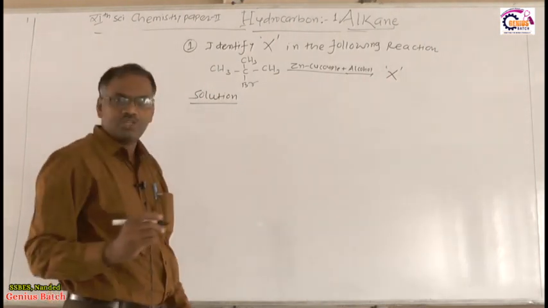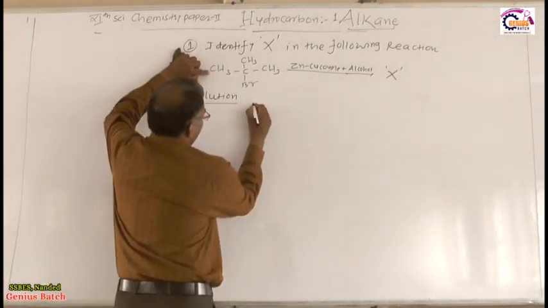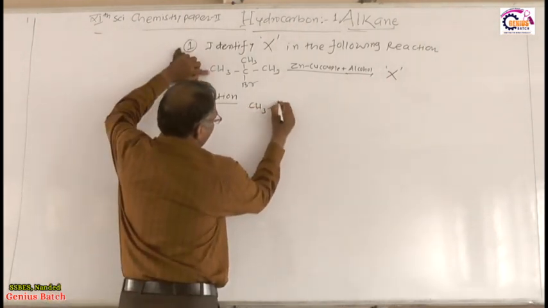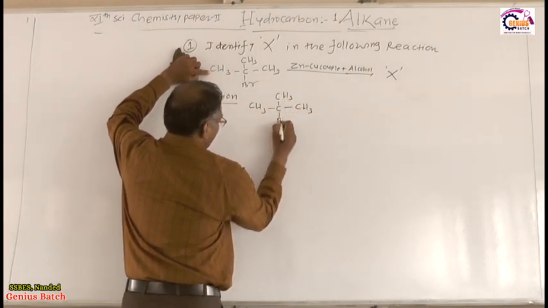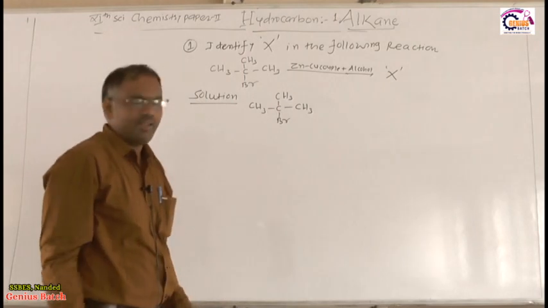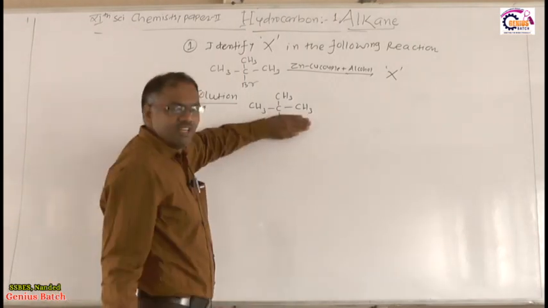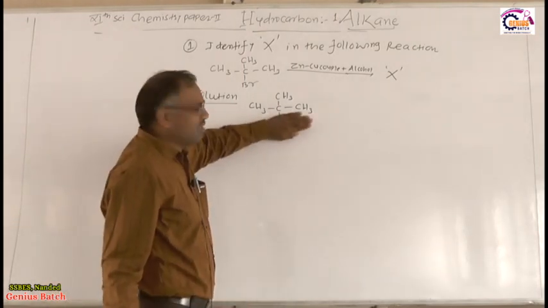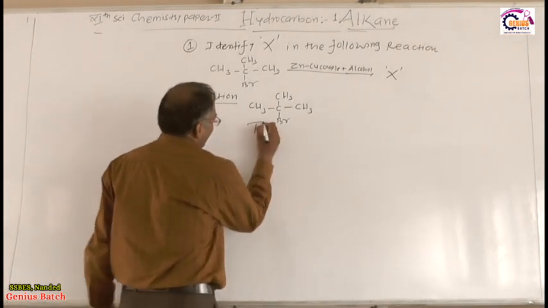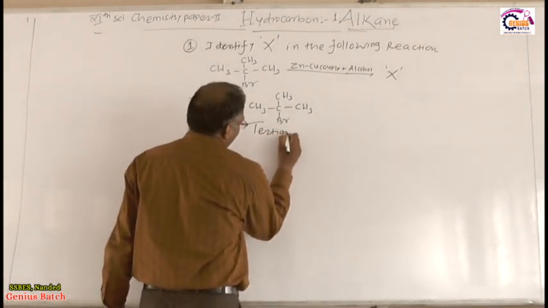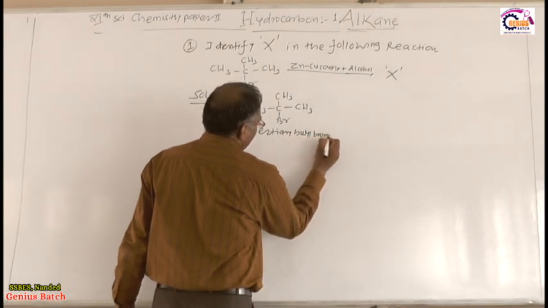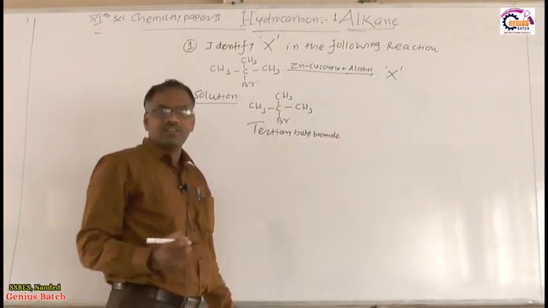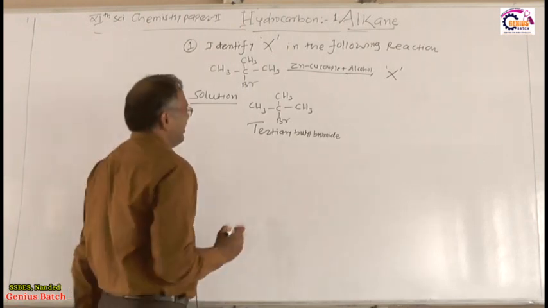What is the solution? So again you write this CH3, this is the CH3, this is the CH3, this is the bromine, right? So this group is the tertiary butyl group. To this tertiary butyl group, bromine is attached, so therefore this is called tertiary butyl bromide, right?